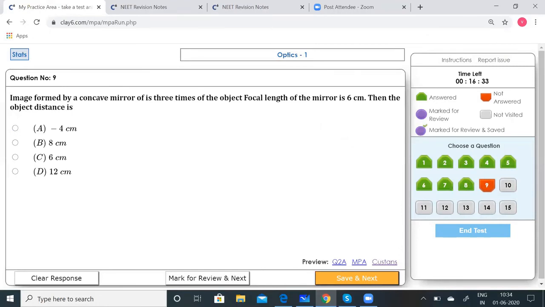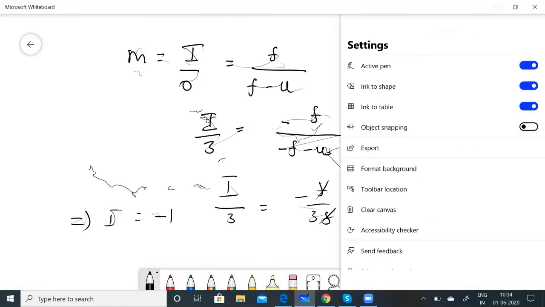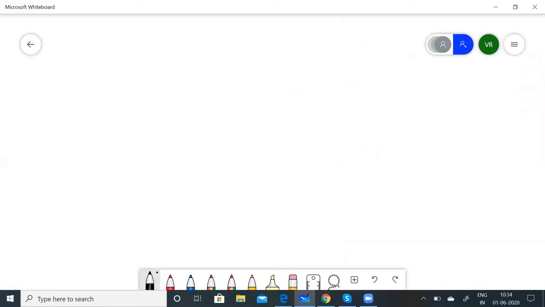The image formed by a concave mirror is 3 times the object. The focal length of the mirror is 6 centimeters, then what is the object distance? He has given you that the image is 3 times the object. All right. The image is 3 times the object, so the magnification can be taken as plus or minus 3.